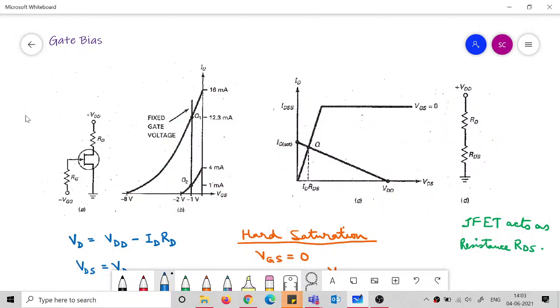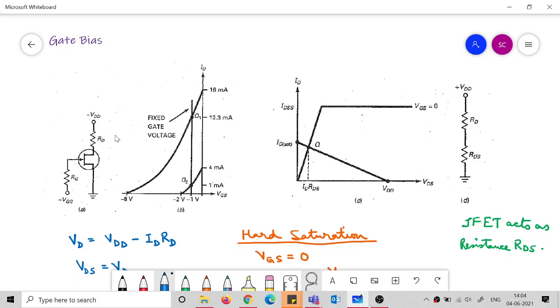So we were in the topic of junction field effect transistors. So we understood what field effect transistors are, why they are named so, and how they are different from bipolar junction transistors.